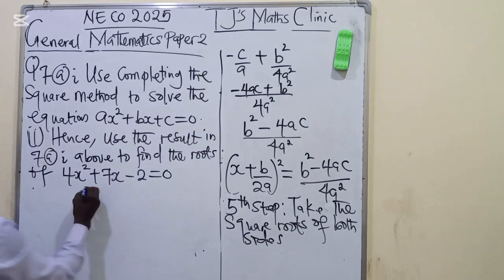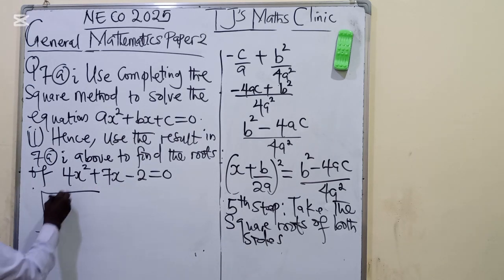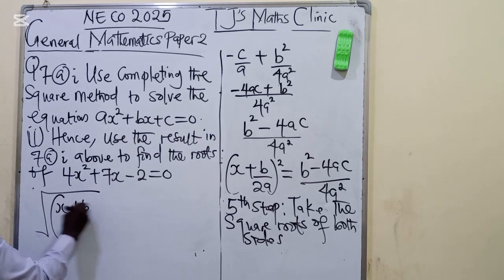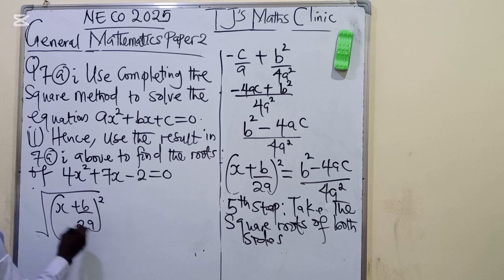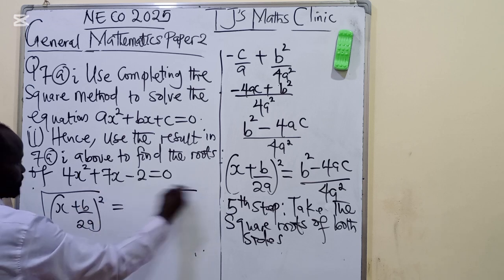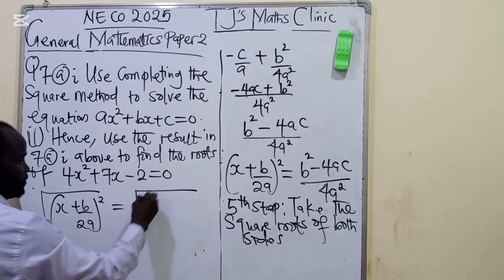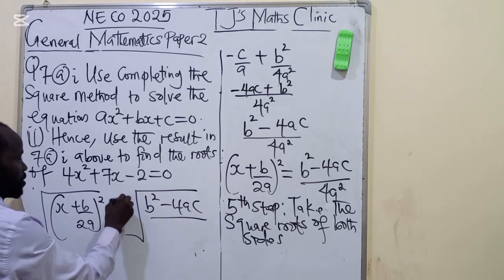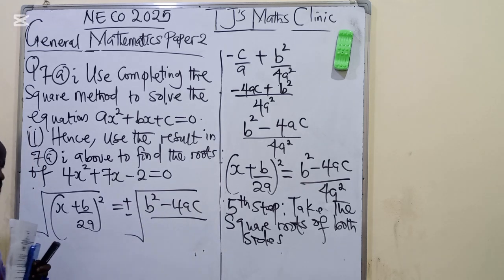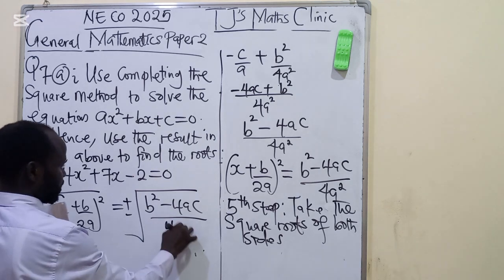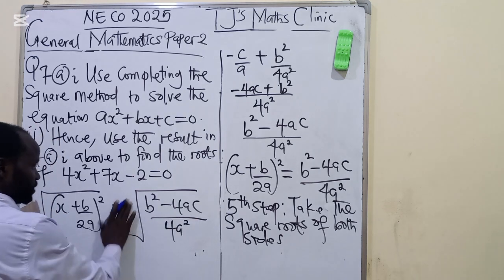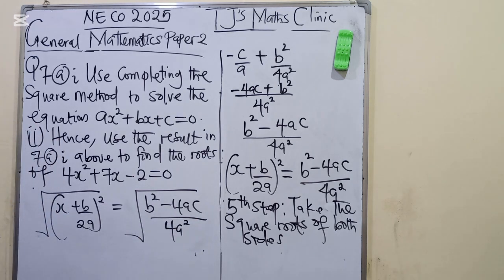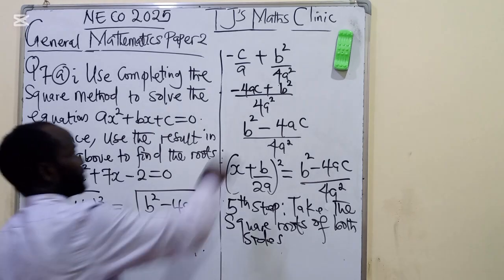It means we have the square root of (x + b/2a)² will be the square root of (b² − 4ac)/4a², and as we are taking the square root, of course we have to put plus or minus. But before we do that, let me leave it this way. So this is our step 5 now.